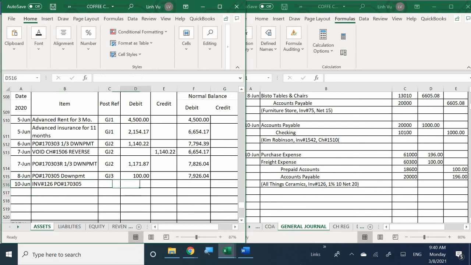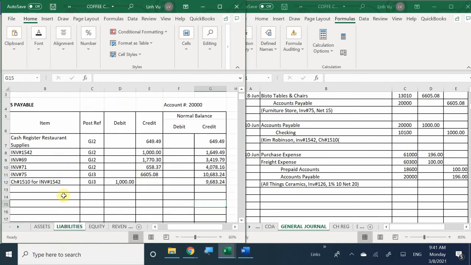Again, General Journal number 3, and this time I'm going to be crediting it because I'm redeeming my voucher. By redeeming my voucher, I'm crediting the account, and I'm going to apply it to the invoice. So now I have 78 to 2604. I increased it, and now I'm back down to the same number.